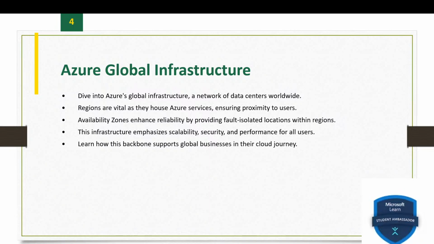And edge locations. Azure has numerous edge locations globally, where content delivery, caching, and other services are provided close to users. This reduces latency and improves performance for end users by bringing data closer to them.